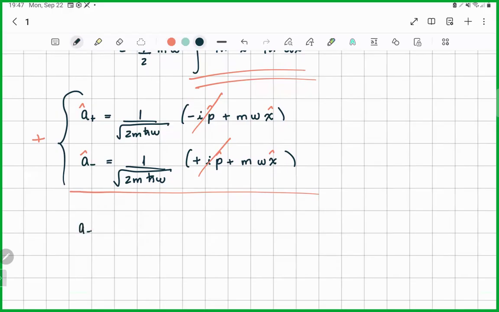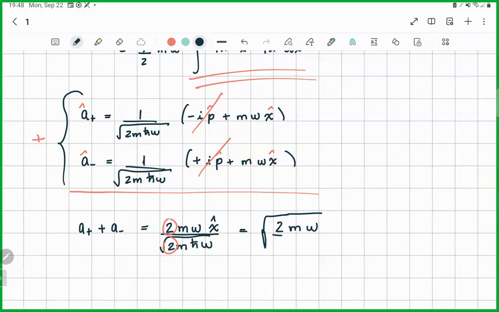So A plus plus A minus is equal to 2m omega x, and what we have in the denominator. Correct. Well, here we can also do some simplifications and put the square root. See, we have here 2 and 2, so I can put in the numerator the square root of 2. Well, we also have m and m, so I can put the m in the numerator. I can also do the same for omega.